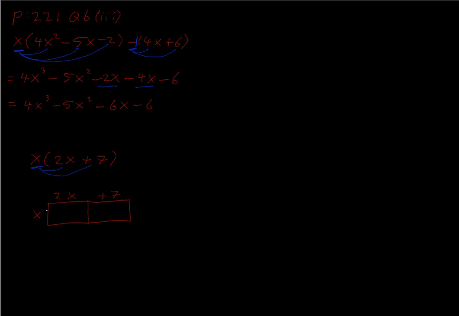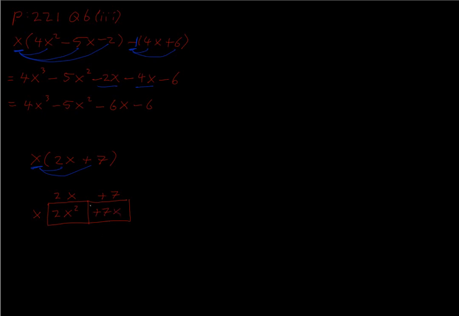So how would I get the area of this box? I'd multiply the length by the width. So I'd have x multiplied by 2x would give me 2 multiplied by x multiplied by x, so I'd end up with 2x squared. And now I want to get the area of this box, and I know this length is going to be the same as this length because it's a rectangle, so I have x multiplied by 7, so I end up with plus 7x.